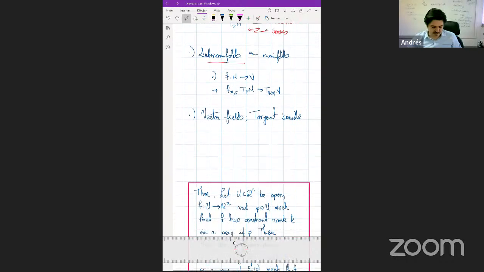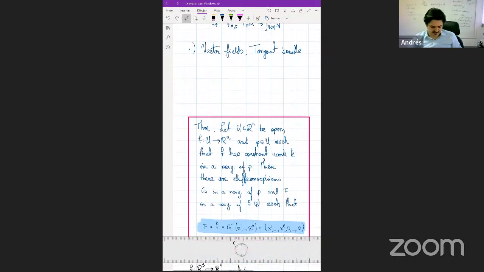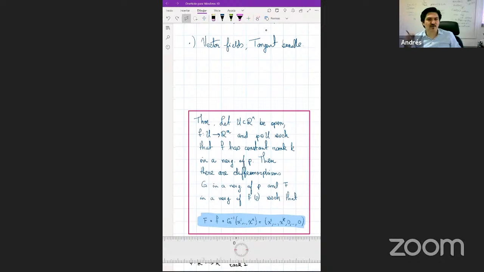Okay, so last time, remember that we were looking at the constant rank theorem between manifolds, and I told you that it relies on the same result, but on Euclidean spaces. And this is what we will prove today.